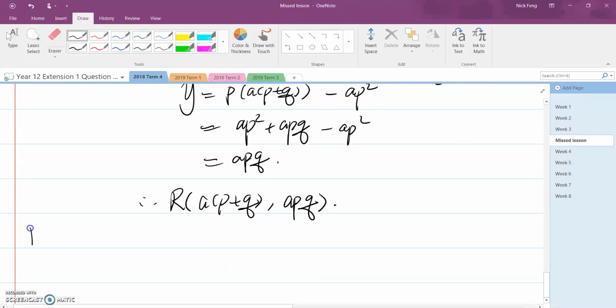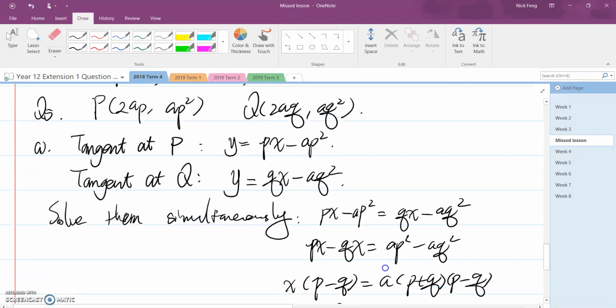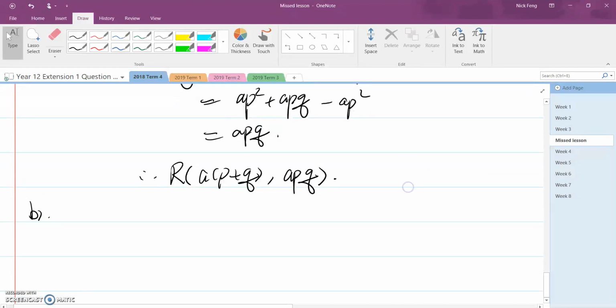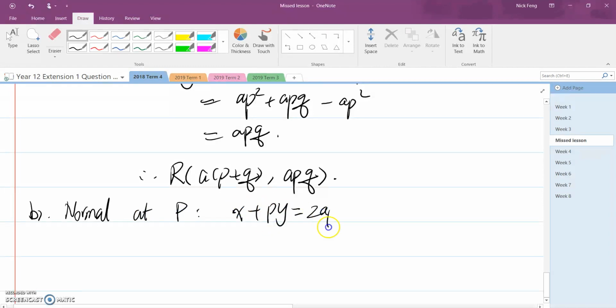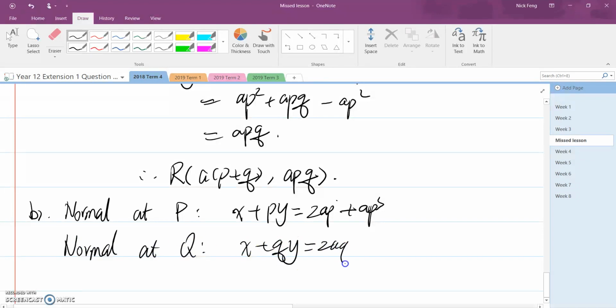Now, part B, we need to find the intersection of the normals, but we need to state the normals first. Again, you don't need to remember this. At P, it's x plus py equals 2ap plus ap cubed. Similarly, normal at Q would be x plus qy equals 2aq plus aq cubed.